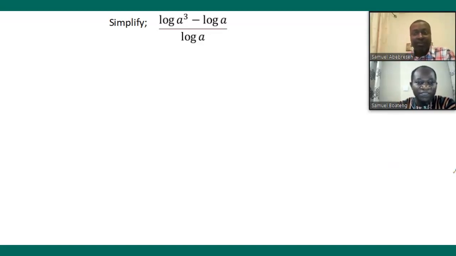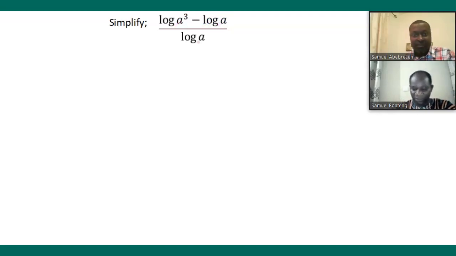So to do this, let's look at the numerator. Now, for the two logs, you first check the base. You realize that they are all in base 10. And of course, if you have a logarithm without a base, we take it as base 10.